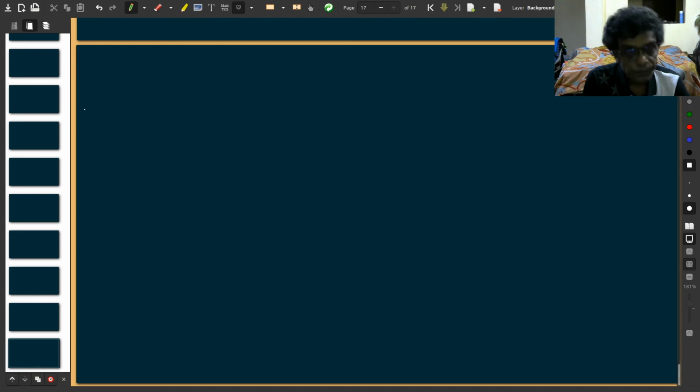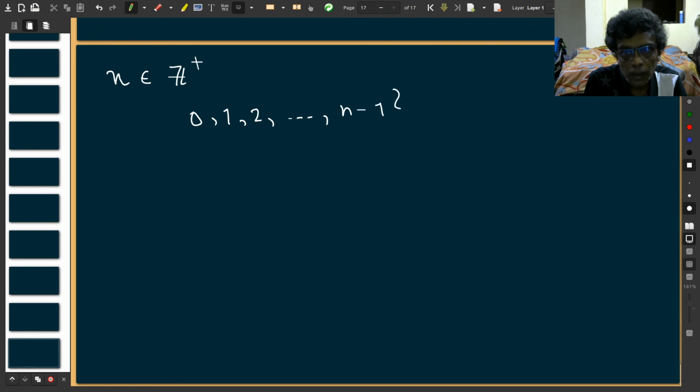Okay. So now, given a positive integer n, in Z plus, all possible remainders are 0, 1, 2, up to n minus 1. Let us denote this set as Zn.